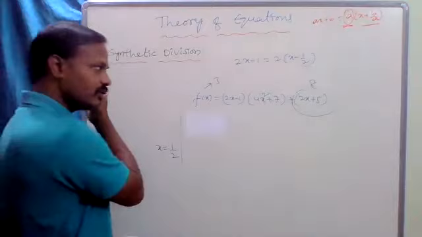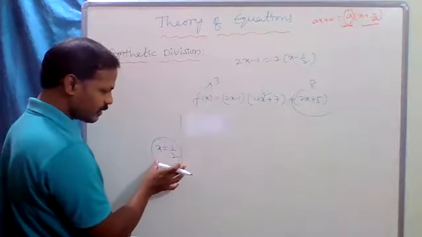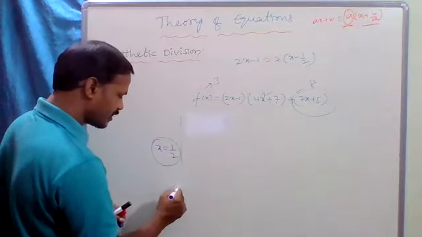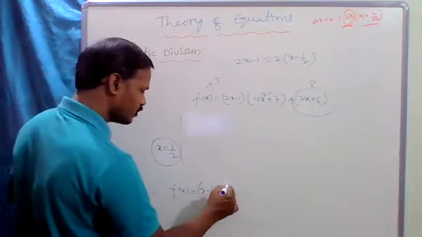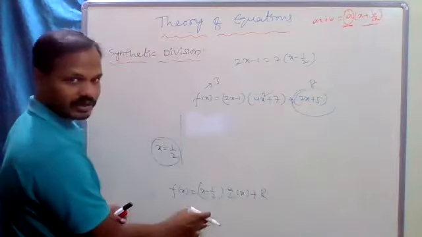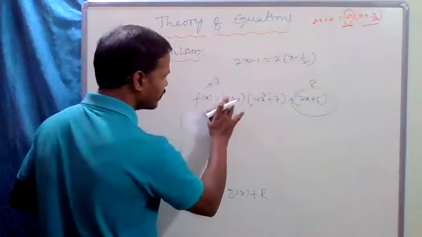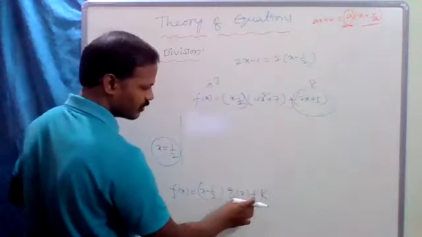So when you finally write, what do you write? f of x equal to x minus 1/2 into this q of x plus the remainder. You have to write like this: x minus 1/2 into q of x plus r.